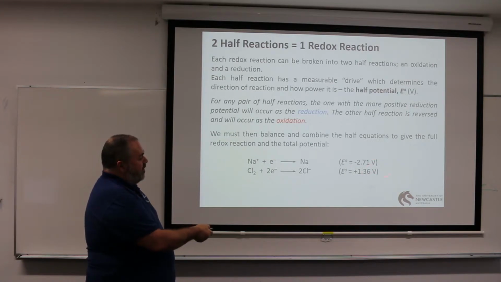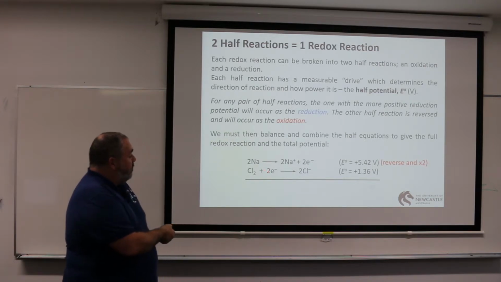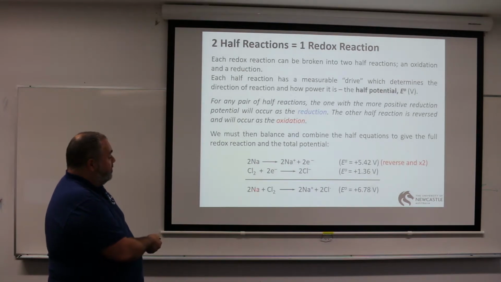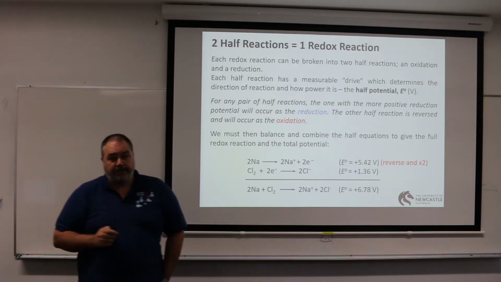Clearly, this is the more positive reduction potential, and so the sodium reaction will be reversed. And in order to balance the electrons, we'll also multiply it by 2. Now we can simply balance this equation and add it together to give 2 sodium atoms plus chlorine, giving 2 sodium ions plus 2 chloride ions, and an overall potential now of 6.78 volts.